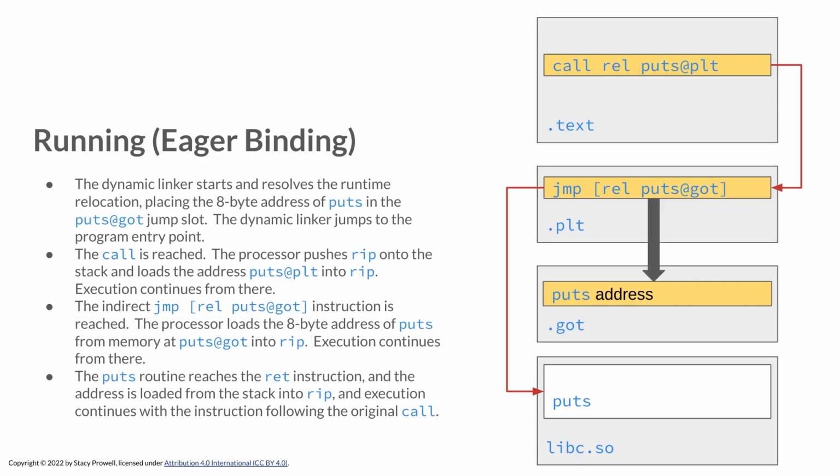That causes the indirect jump stored in the PLT to happen, so it jumps to the address stored in the GOT slot. The processor loads the 8-byte address of puts from the memory in the GOT, and execution continues from there. The puts routine runs, hits its return instruction, and pulls the address off the top of the stack, which is back where we started, returning to the instruction following the original call.